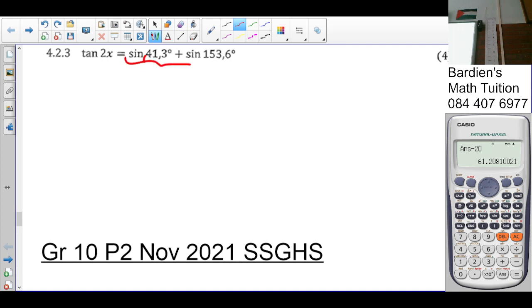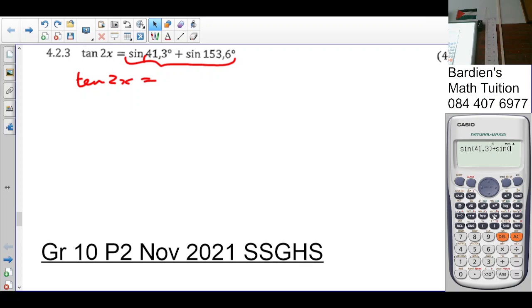So it's going to be tan 2x equals. On our calculators we put sine 41.3, close the bracket, plus sine 153.6, which gives us 1.104, and of course the number carries on.